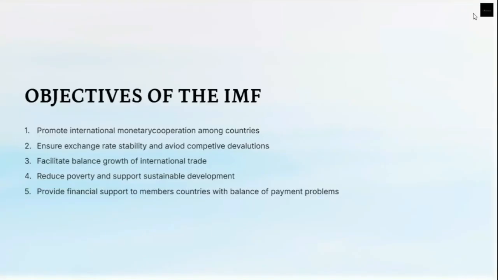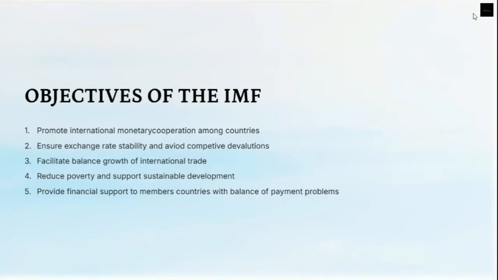Later, they will pay us back. They ensure exchange rate stability and avoid competitive devaluation. If the naira is high or the dollar is high, they ensure the exchange rate is stable. They facilitate balanced growth of international trade.